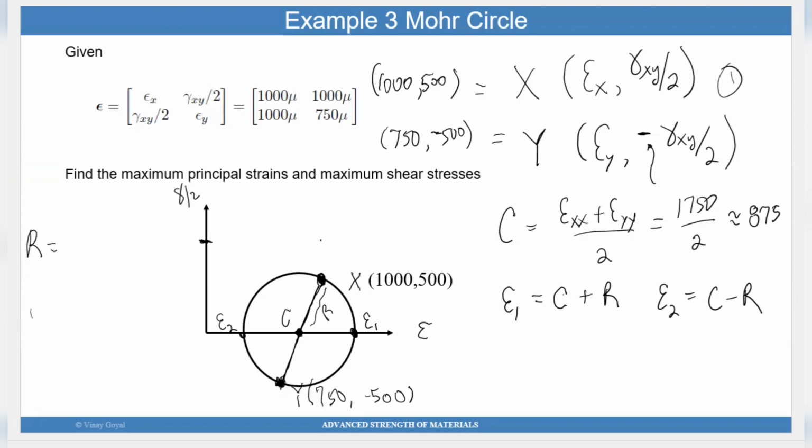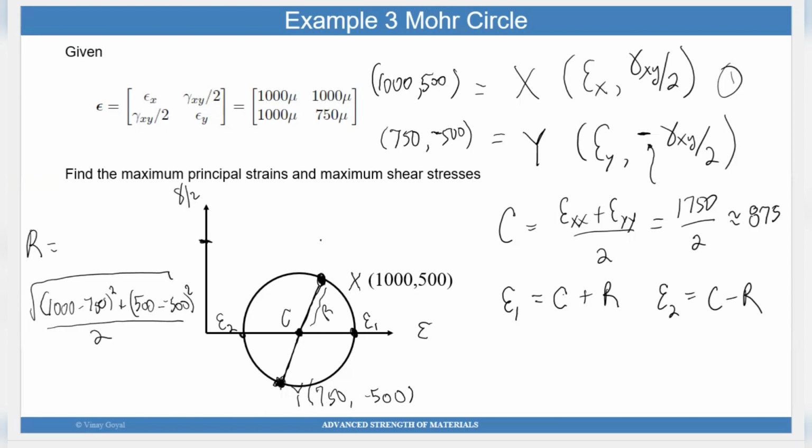By the way, R can be easily calculated. You can do it quickly now with me if you want. It's going to be the square root of 1000 minus 750 squared plus 500 minus negative 500 squared, divided by 2.